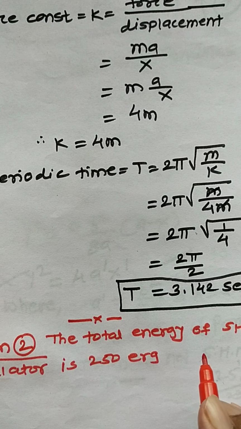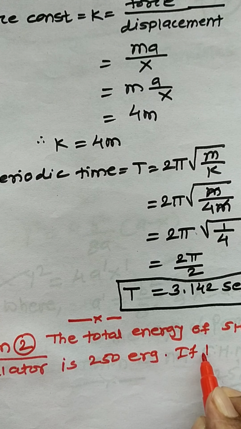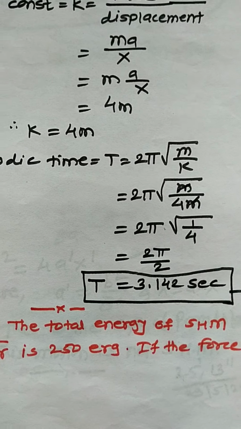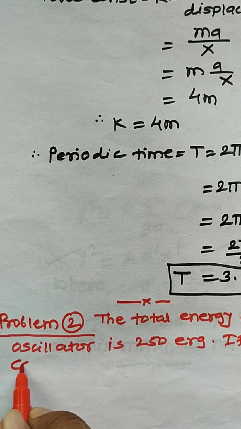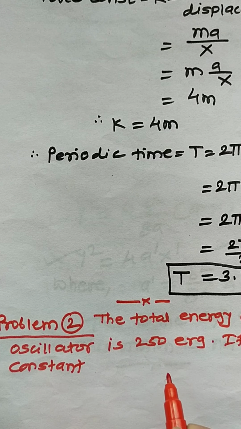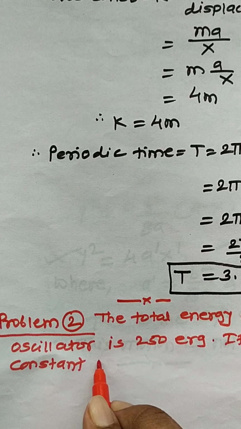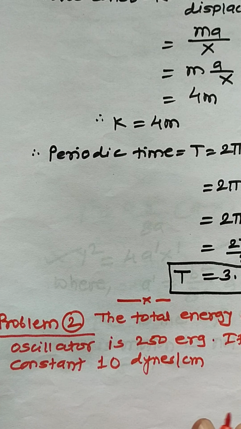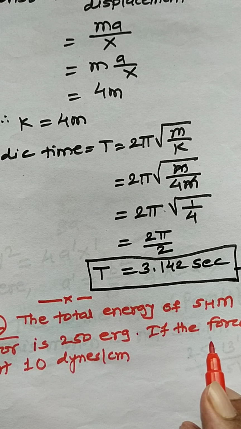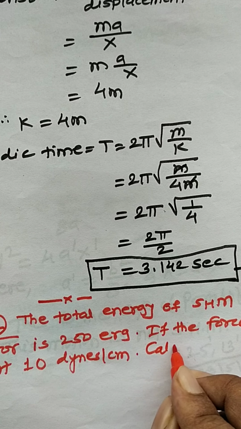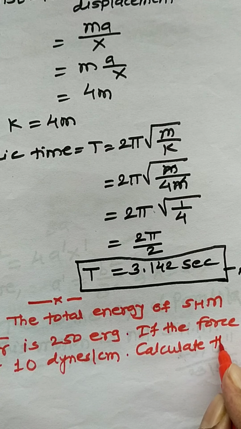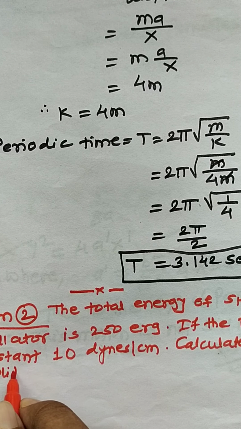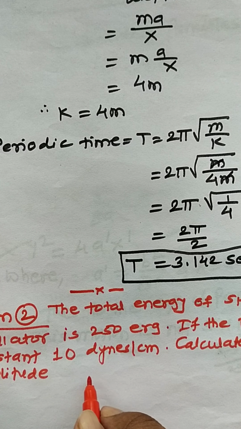If the force constant is 10 dynes per centimeter, calculate the amplitude and period of oscillation.